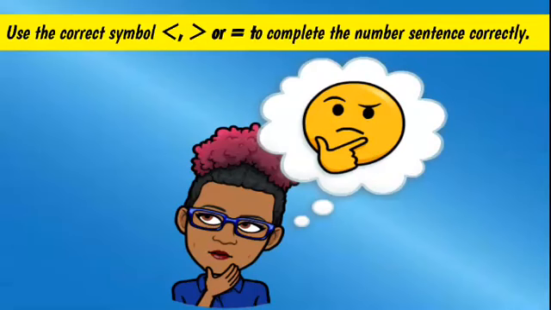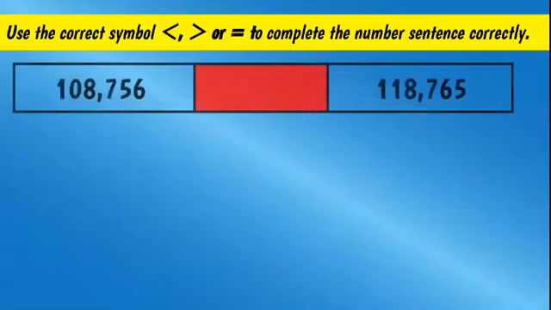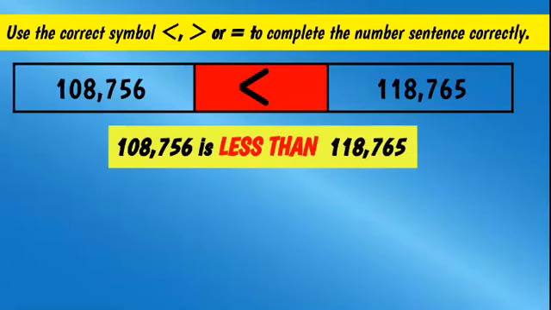So let's move on to another one. 108,756, is it less than, greater than, or equal to 118,765? So we see that the first number is less than. So 108,756 is less than 118,765.